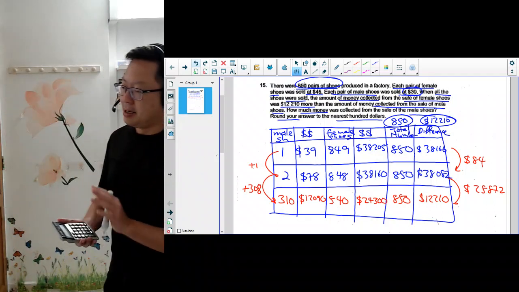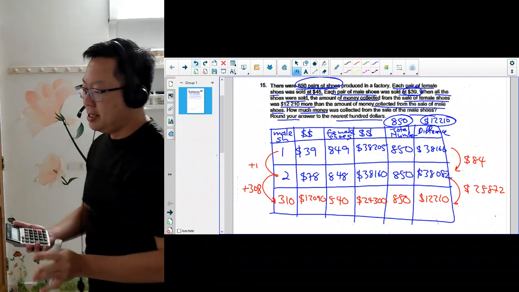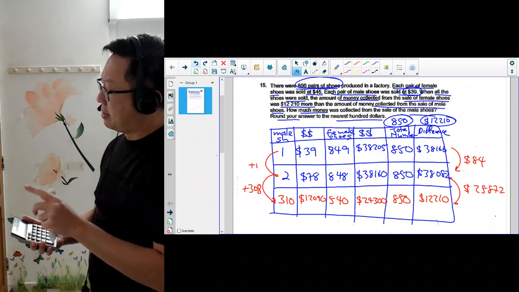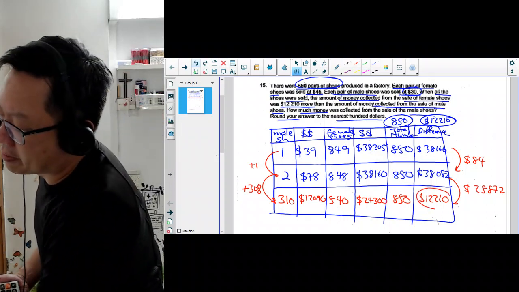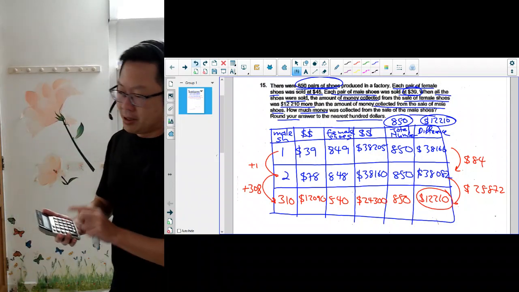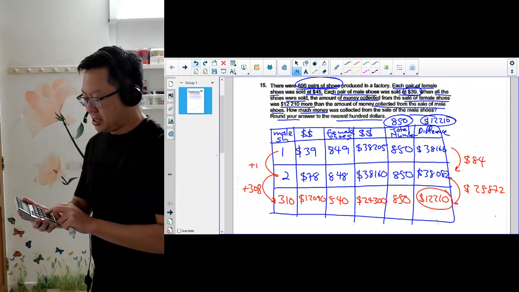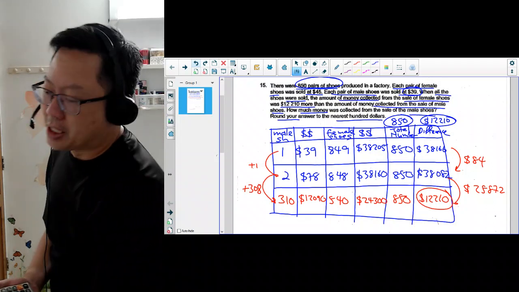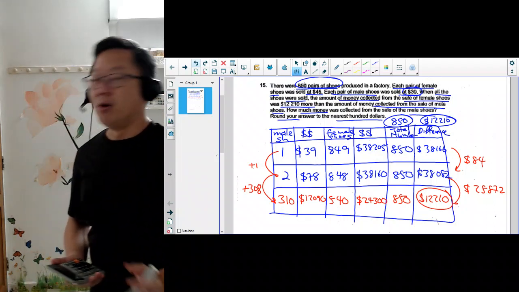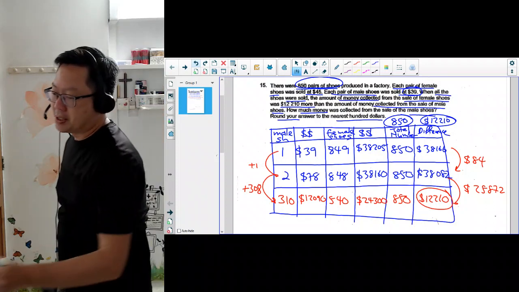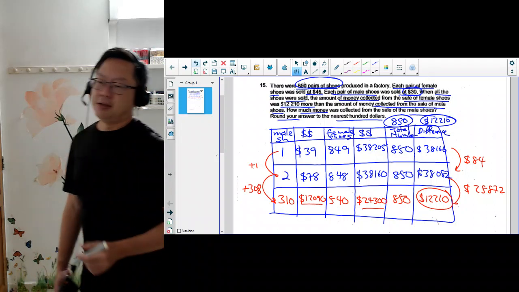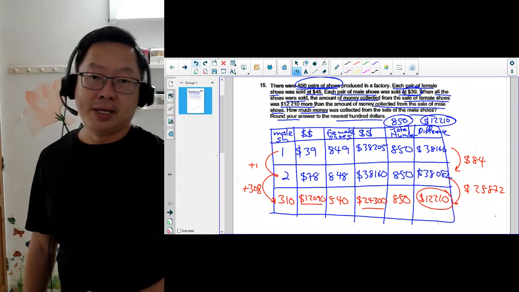Then you find the difference, and see whether you get the correct difference. So you take 24,300 and you minus 12,090, and you get $12,210 more. So the female shoes cost $12,210 more than the male shoes.